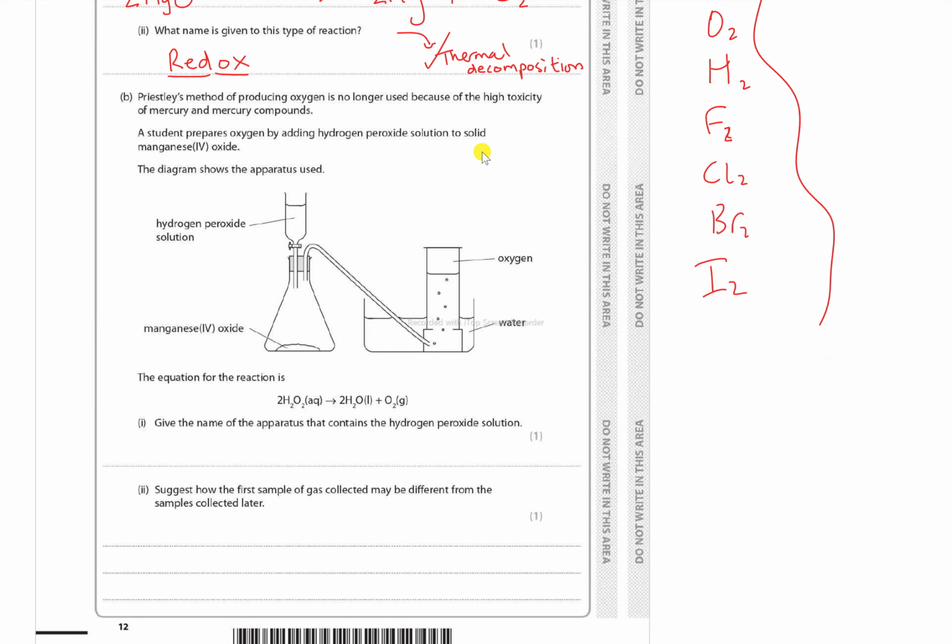So here you've got the same idea. They want to produce oxygen, but this time they're going to use hydrogen peroxide. That's this thing here, H2O2. So remember, H2O is water. H2O2 is hydrogen peroxide. So they want to break it down, and they're using what's this thing?